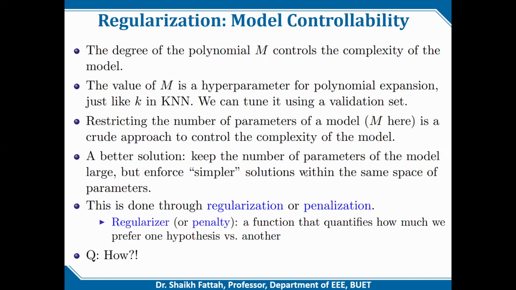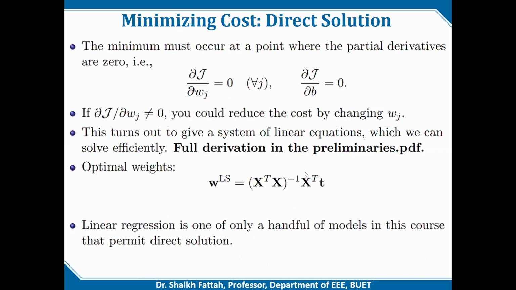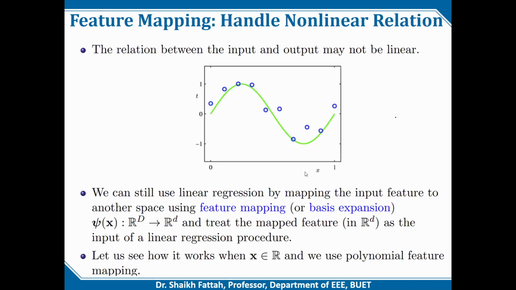So in case of nonlinear regression, what do we mean by nonlinear regression? That means your y equal to mx plus c will not be mx plus c anymore. It will be ax square plus bx, or more, like ax cube plus bx square, something like this.